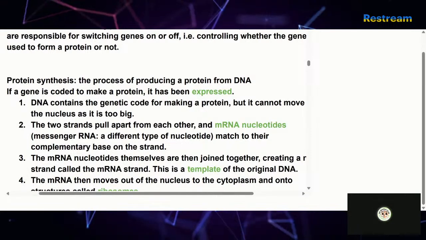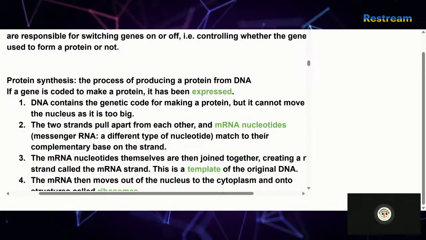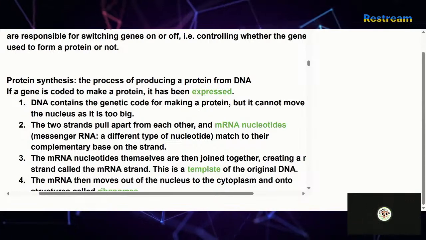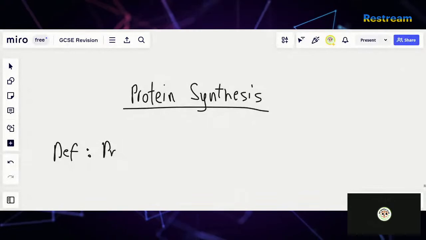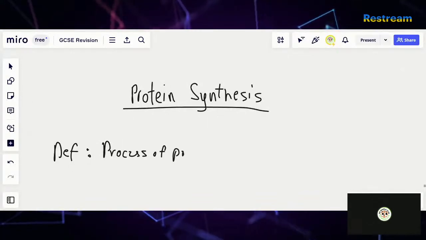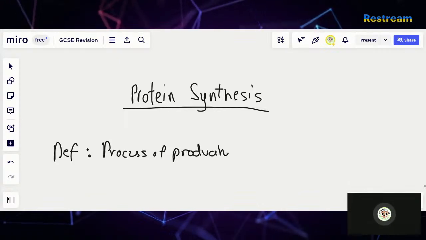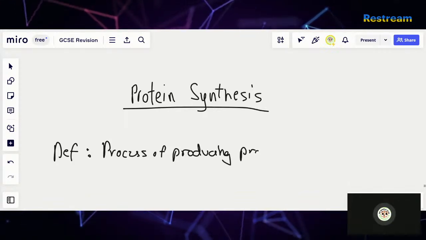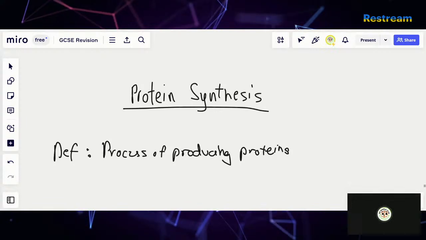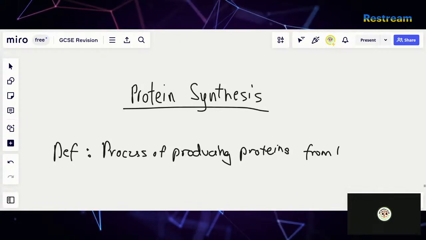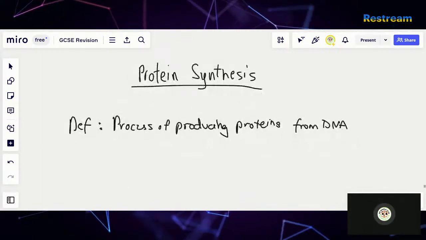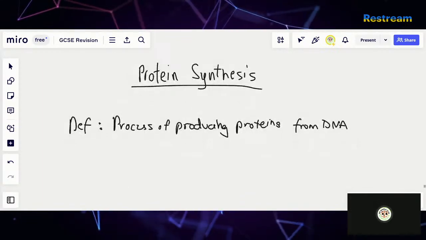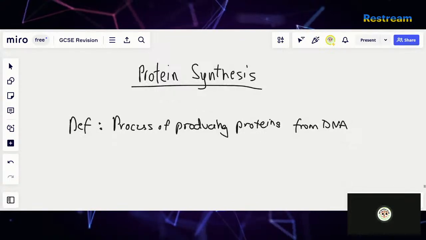But yeah. So protein synthesis is the process of producing proteins from DNA. That's what protein synthesis is. Now let's look at the first stage.